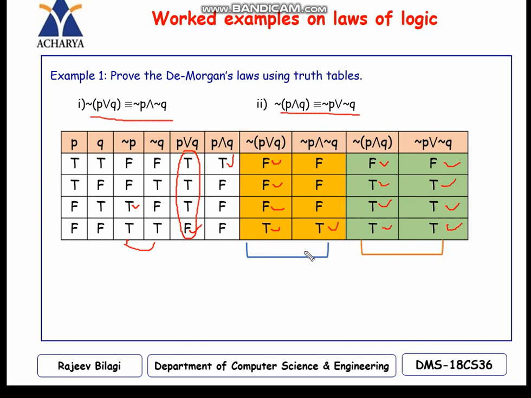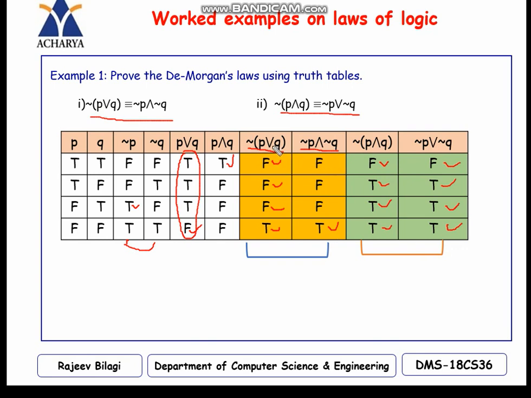Going one more step, as I told earlier, if the biconditional of this and this is true, that is, a tautology, then also it is called logically equivalent. So the biconditional of this to this, F, F, F, T, and F, F, F, T. The biconditional operator says that if both are the same, then it is true.